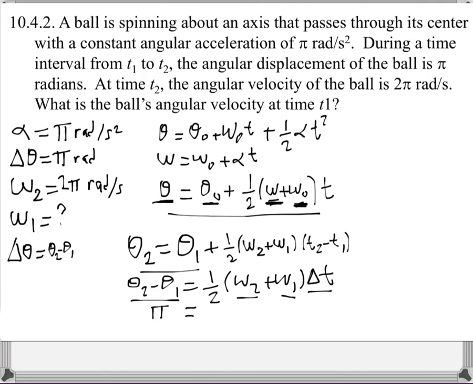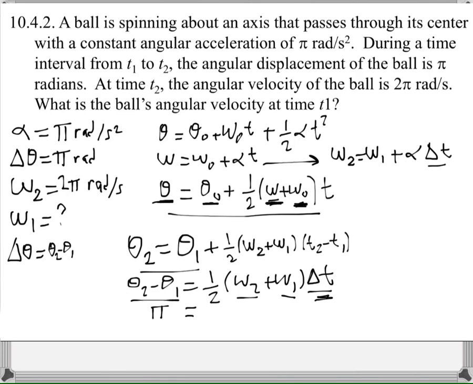And the second equation, you can use this one. Omega 2 is equal to omega 1 plus alpha times T2 minus T1, but you can write delta T. So I can solve this for delta T, and I can put whatever the delta T is in here in terms of omega 2, omega 1, and alpha.